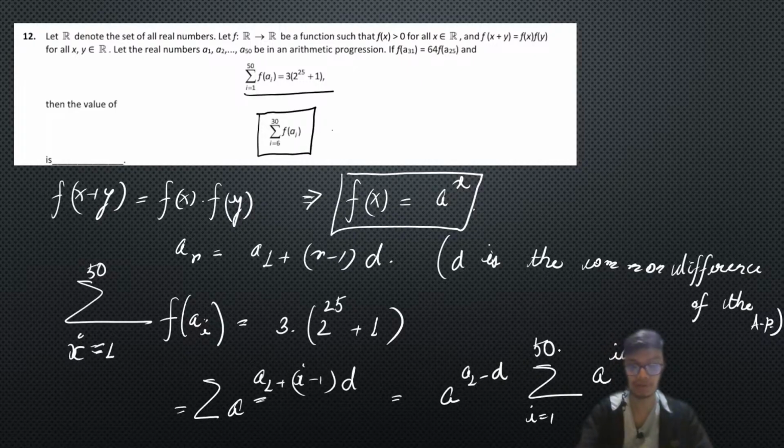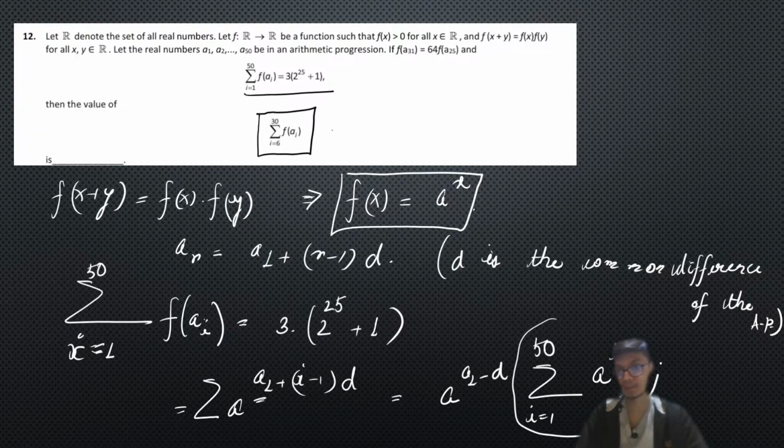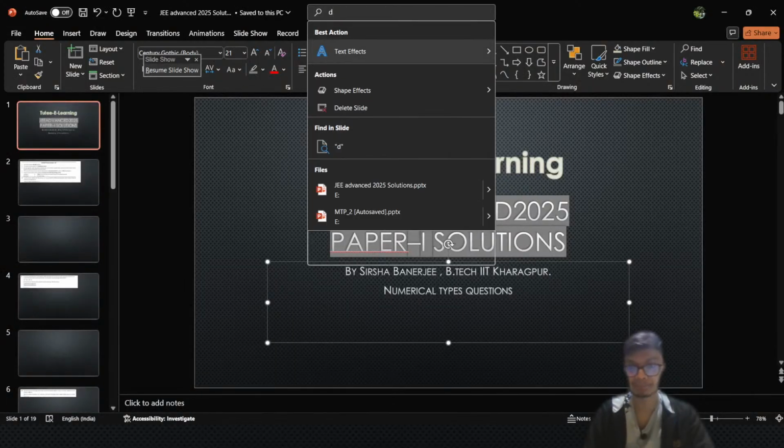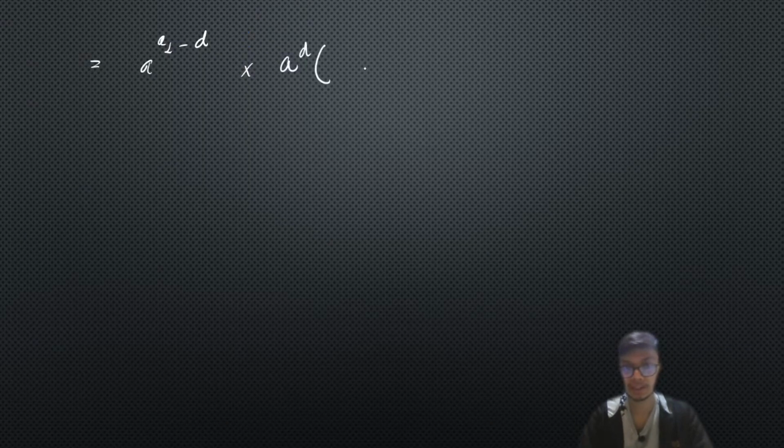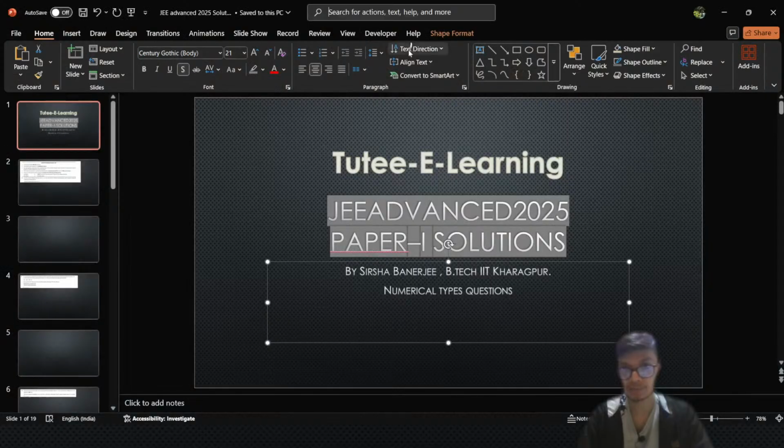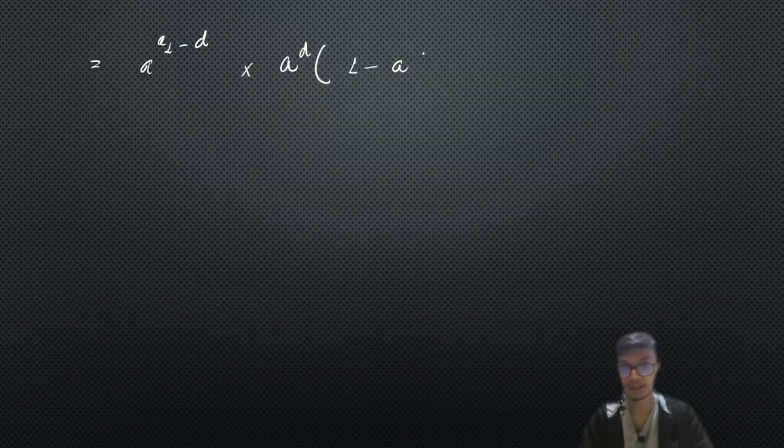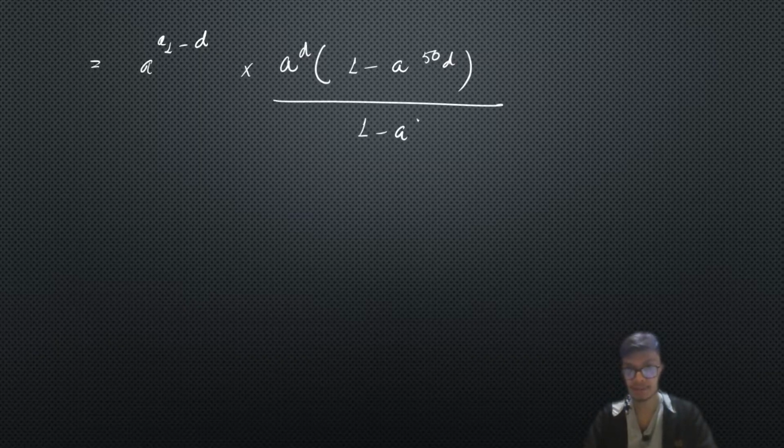And this particular summation is nothing but a geometric summation. It's a geometric progression, and this will come out as a to the power (a1 minus d) multiplied with a to the power d into (1 minus a to the power 50d) divided by (1 minus a to the power d).